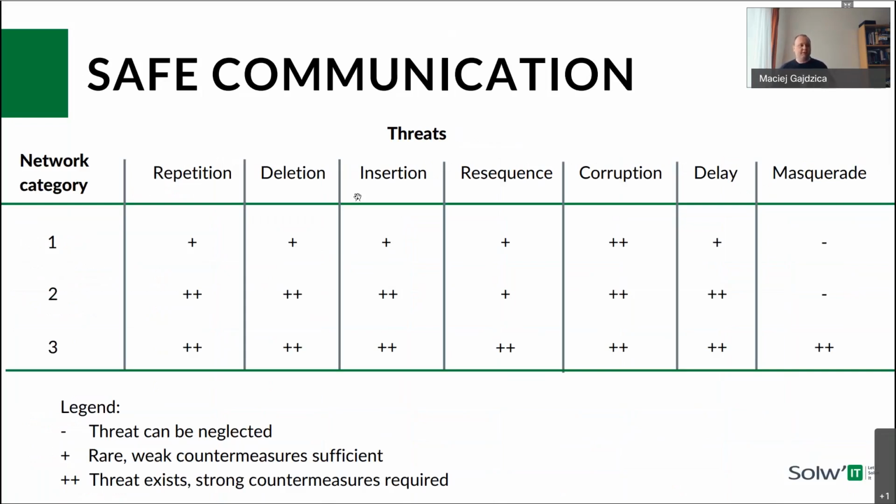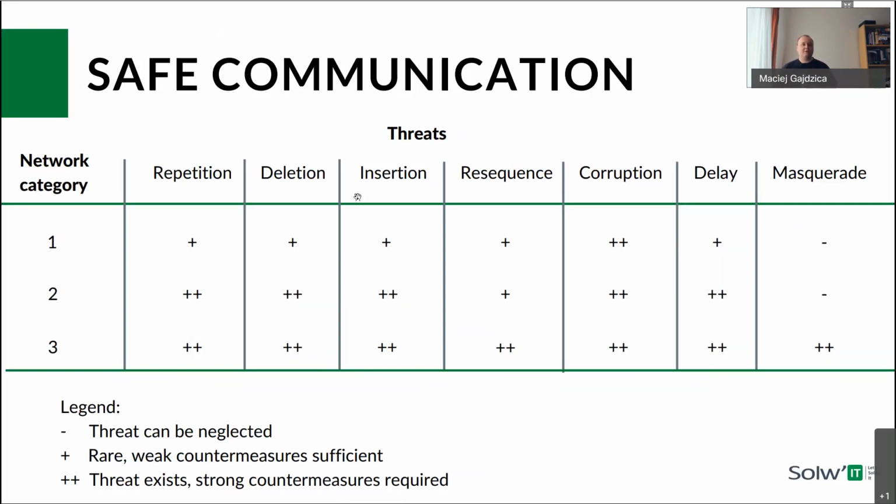And the second part of this analysis is dividing networks in some categories. So we have here three different categories. First one is that we are doing communication inside our device. So there is no risk that someone else will enter this communication, and we have full control of every node in the network, and this network has fixed topology. So this is the easiest case, and there are not that many risks in this case.